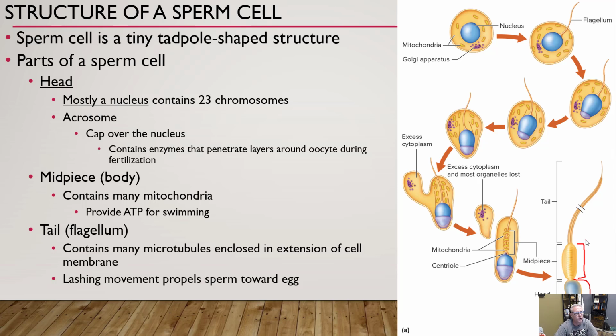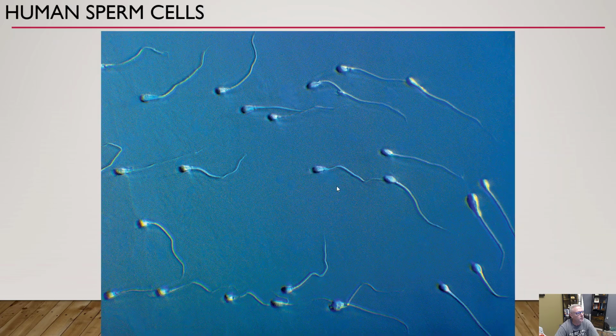And then the third part is the tail. The tail is a flagella, is plural, flagellum is singular. Has a lot of microtubules in there that will propel the sperm forward. Here's just a microscopic view of human sperm cells.